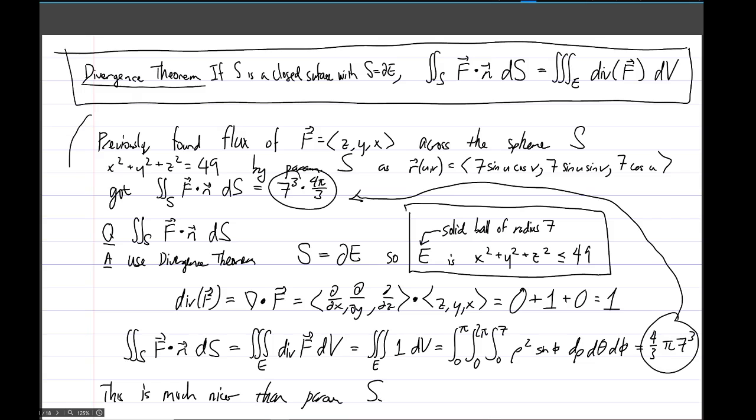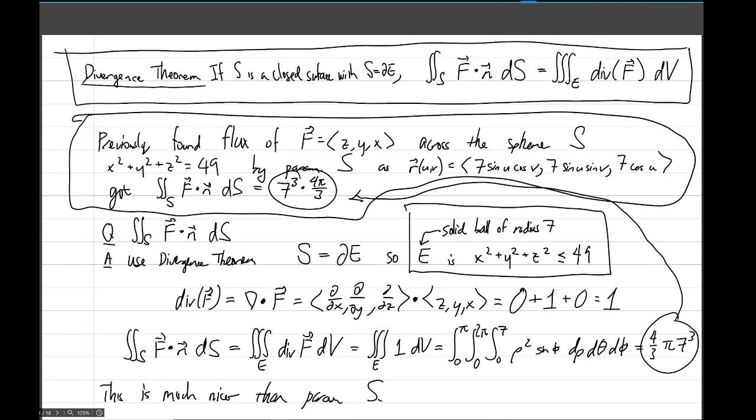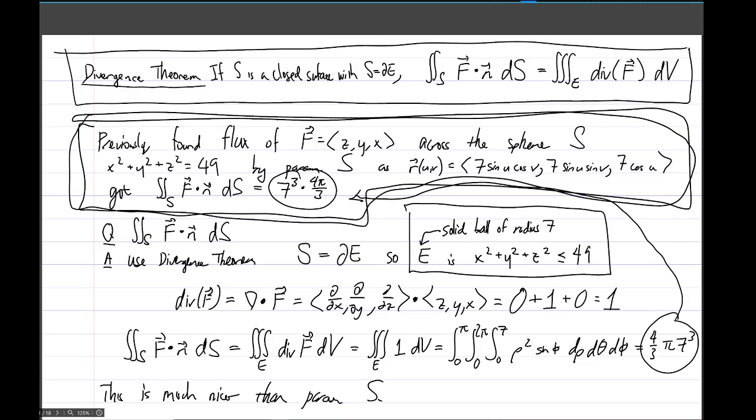Again, don't get me wrong, we needed to do the work that we did the previous time. It was on its own an excuse to just practice setting up the integral, however tedious it was, for computing the flux in a direct manner. But I picked that problem specifically way back when, knowing that it'd be nice to come back to it and get the same final answer using the divergence theorem.